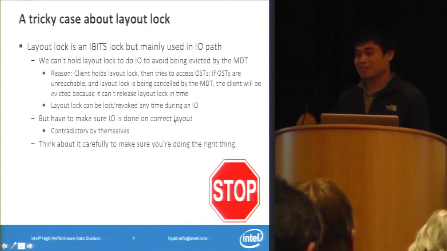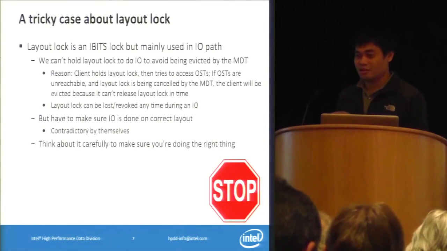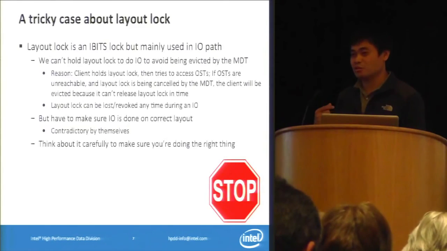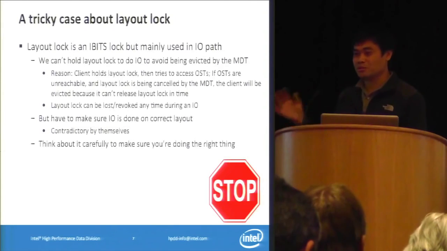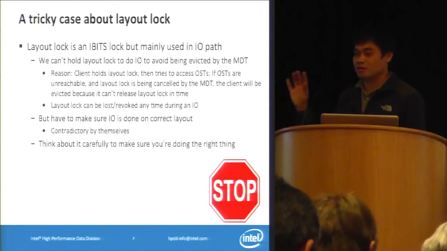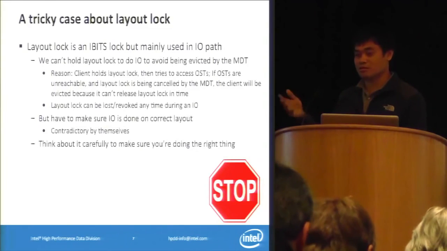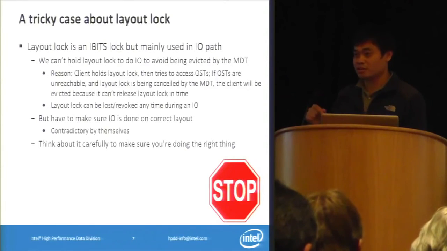Basically you need an extra mechanism to make sure your data model is consistent. For example, right now for migration, we are using a group lock and a data version to make sure the file is completely copied to the new file, and there's no active I/O and dirty cache on the other clients.